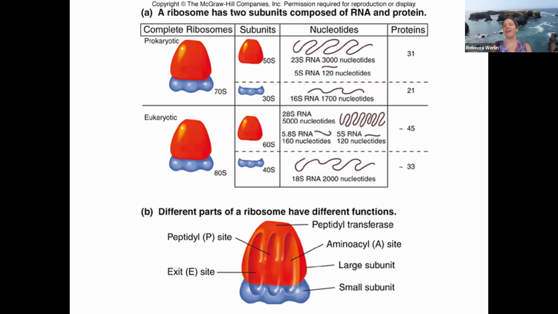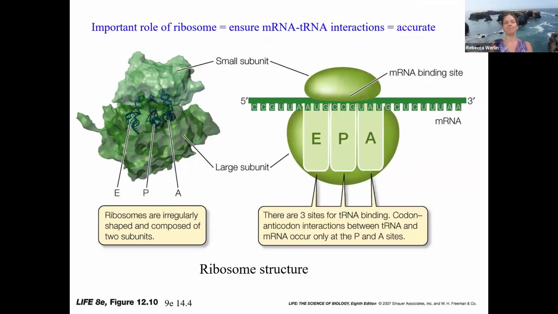And so I always think of A as the acceptor site because new transfer RNAs are being accepted there. The peptidyl site is where the peptide bonds are formed. So the P site makes sense. And then E for exit. Very, very simple.